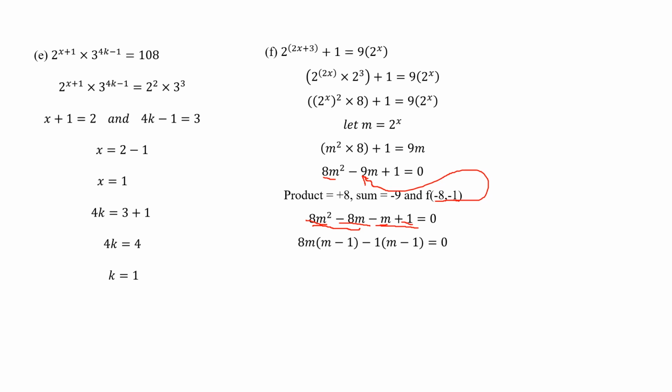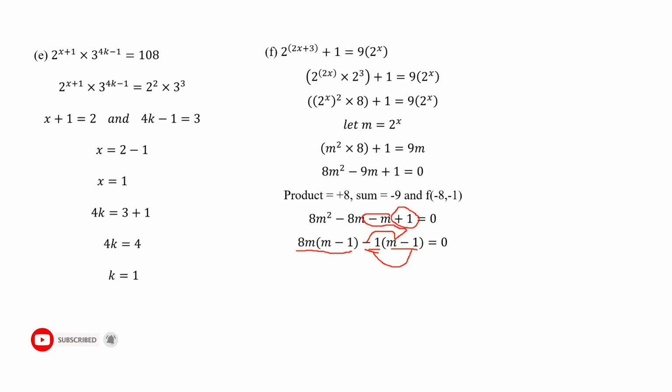So we have 8m into the bracket m minus 1, and the minus 1 into the bracket m minus 1. When you open the brackets again, the negative 1 will make the m become a negative m, just like in the previous, and the negative 1 again will make the multiplication of negative 1 go back to a positive 1.